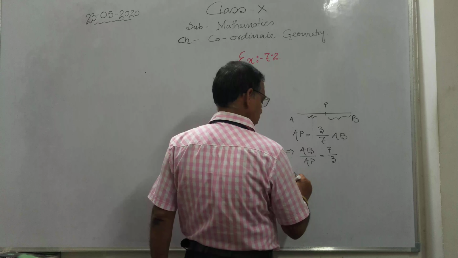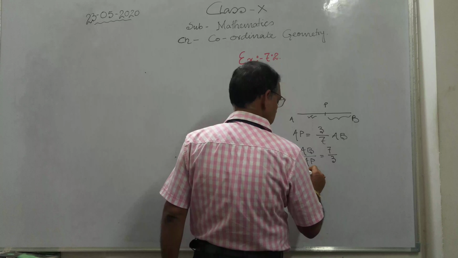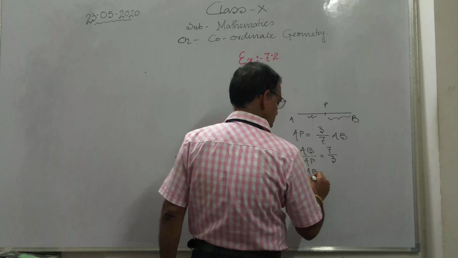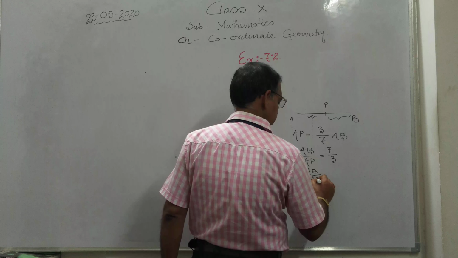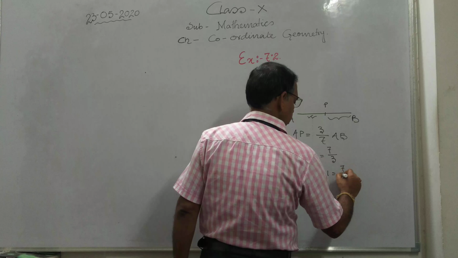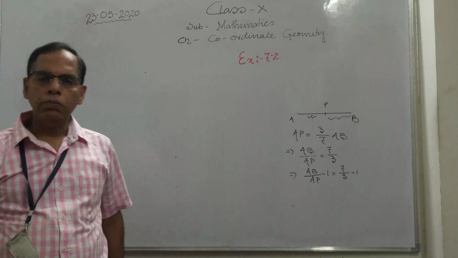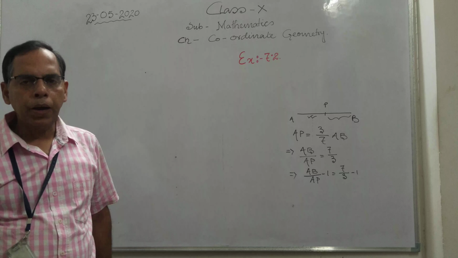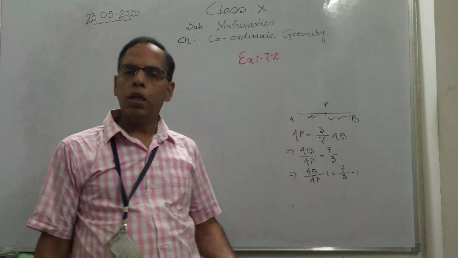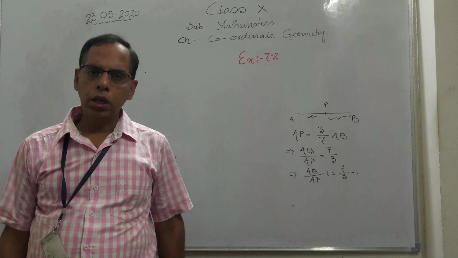Then what is that? Then you see, AB by AP minus 1, 7 by 3 minus 1. As you know, if you subtract, add, multiply or divide the same thing on both sides, there will be no change in the equality.